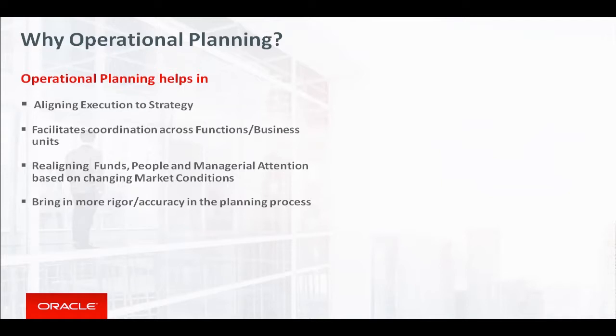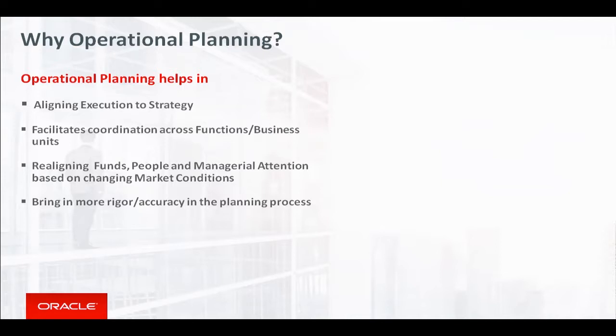Operational planning helps facilitate coordination between different functions and business units. The revenue plan done by the sales team is a critical input to the marketing plan for new campaigns, or to the engineering team's R&D projects.